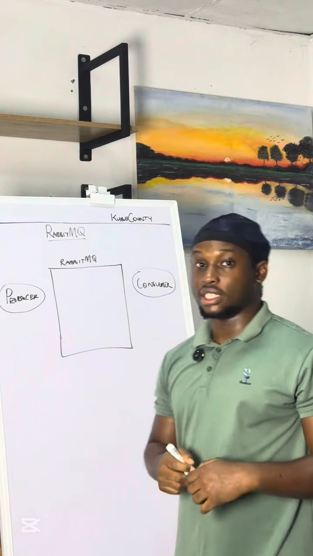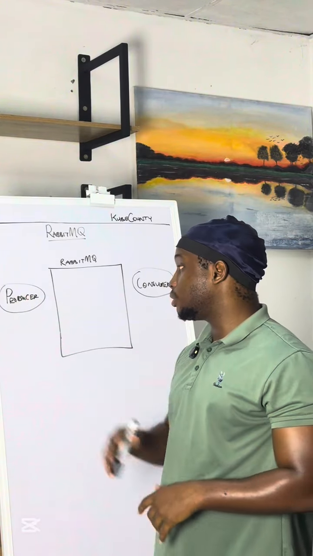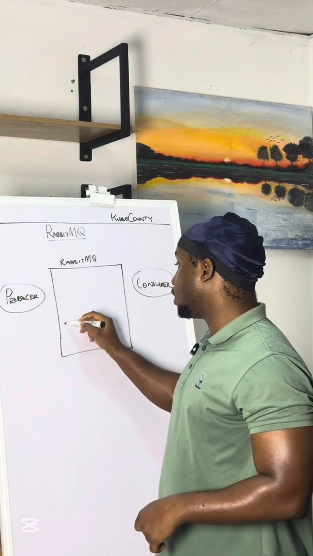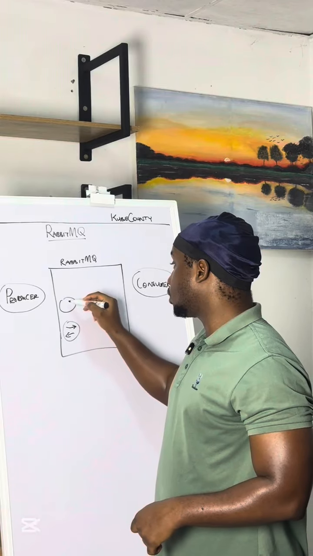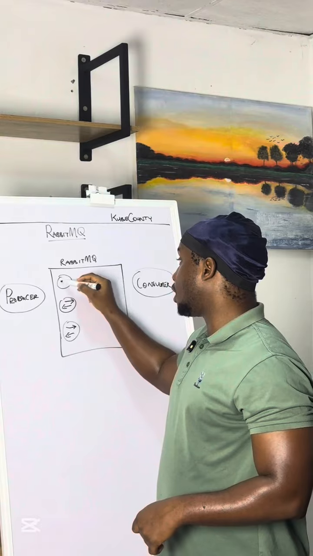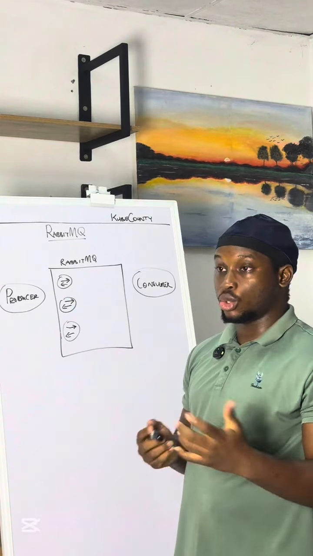And how it works is that RabbitMQ has various exchanges that your producer would send its message to. So you can have an exchange, various types of exchanges that your producer is sending messages to.